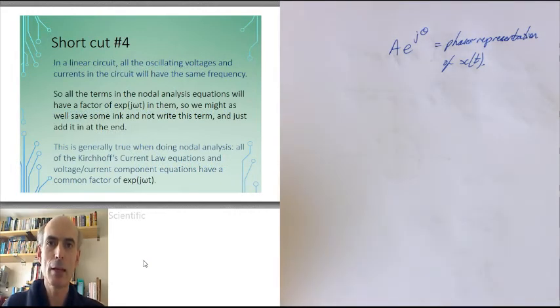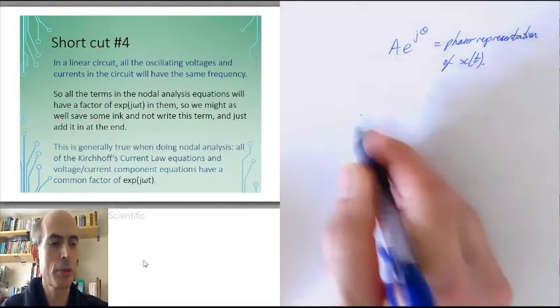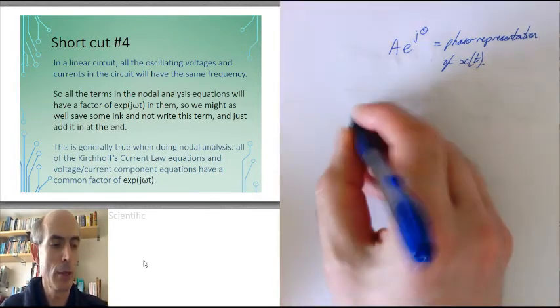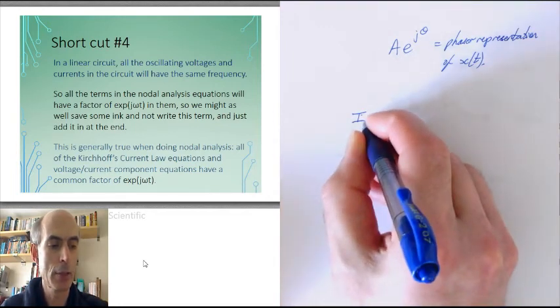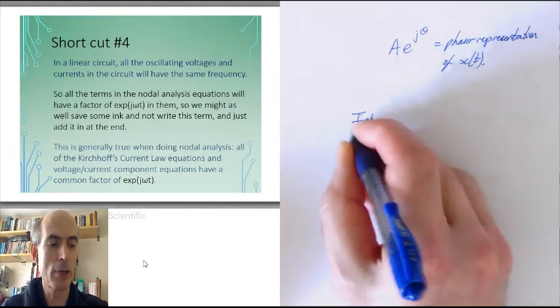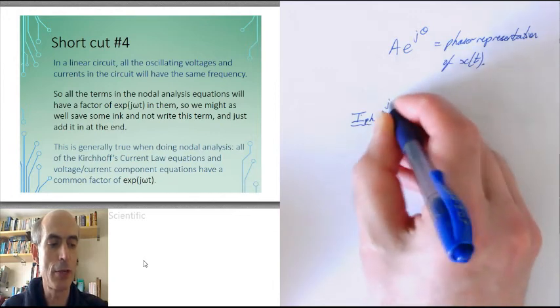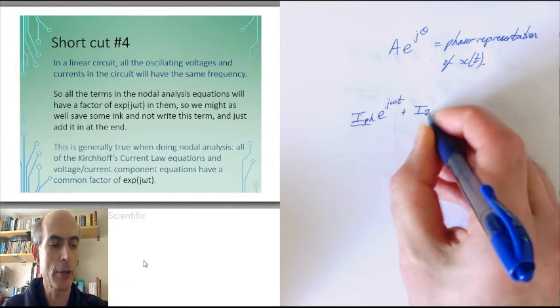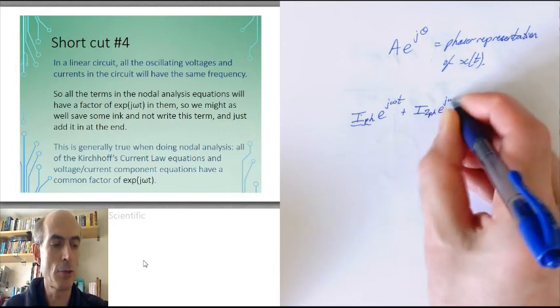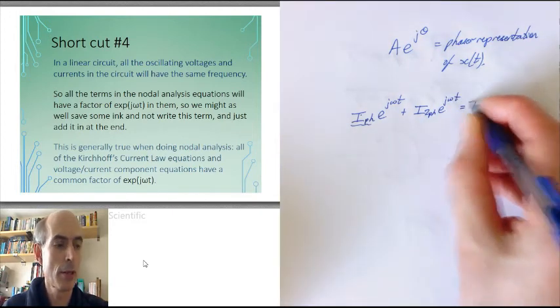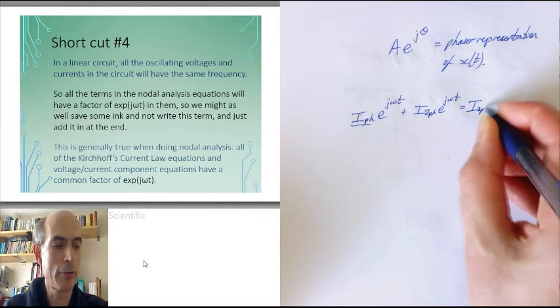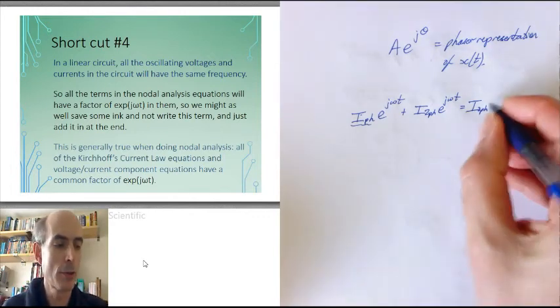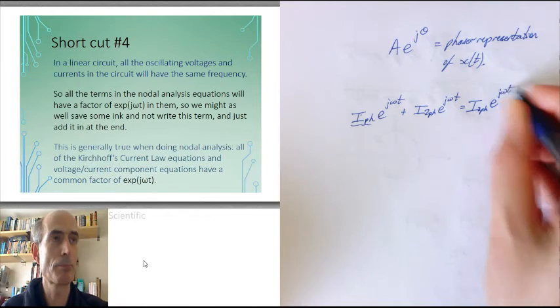Now, if I think about what equations I'll end up with in my nodal analysis, I will end up with a lot of Kirchhoff's current law, which will have some current, the phasor representation of the current times e to the j omega t, plus the phasor representation of another current times e to the j omega t, equals the phasor representation of a current maybe flowing out of a node times e to the j omega t.